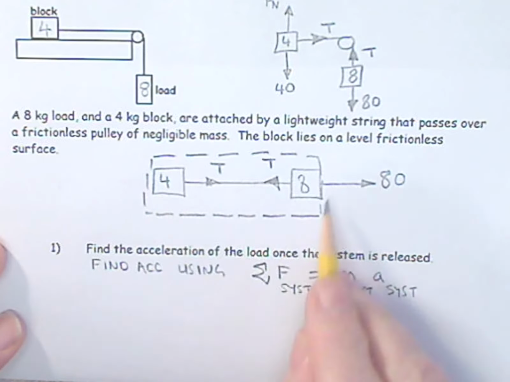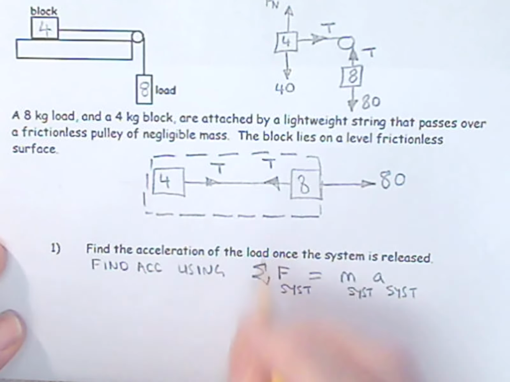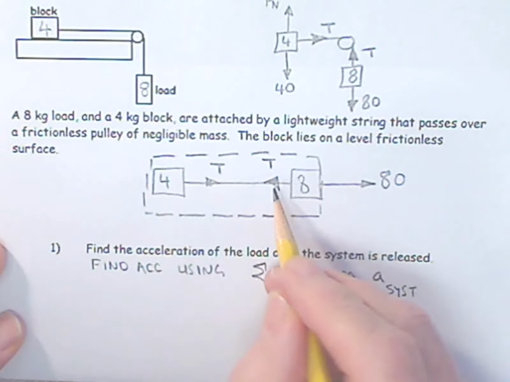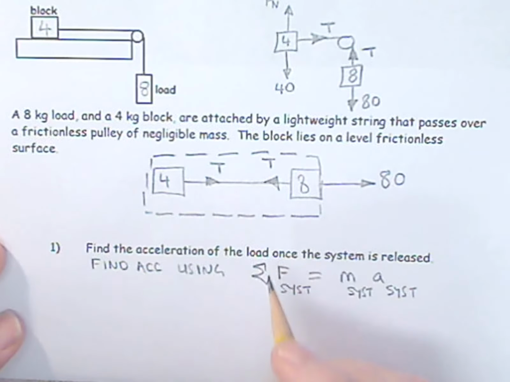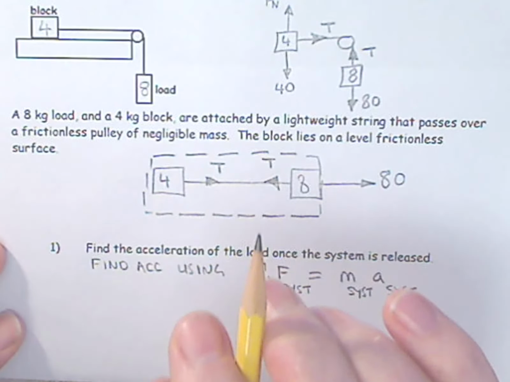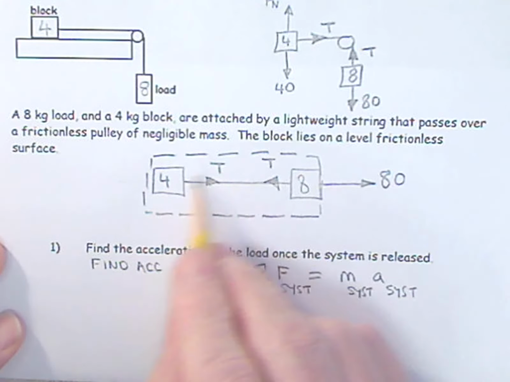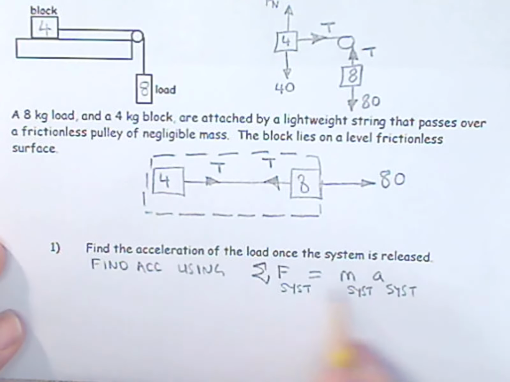And if I make this my system, I see that the T's are internal. It's like sitting on your car seat pushing the dashboard of your car. Your car will not accelerate forwards because you're applying an internal force. Same goes for this. Those T's are not included in this equation because this is a net external forces and the T's are internal.